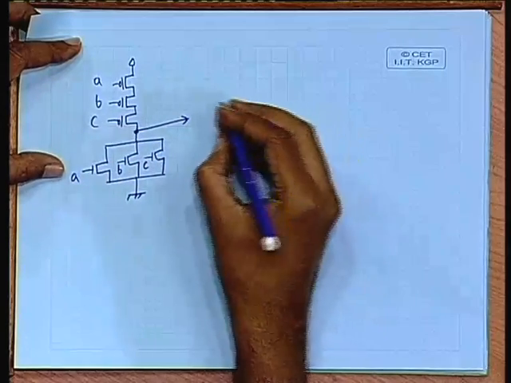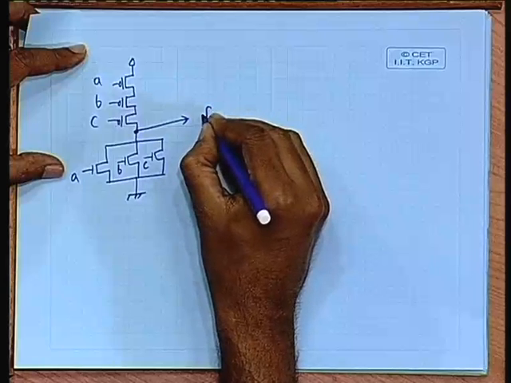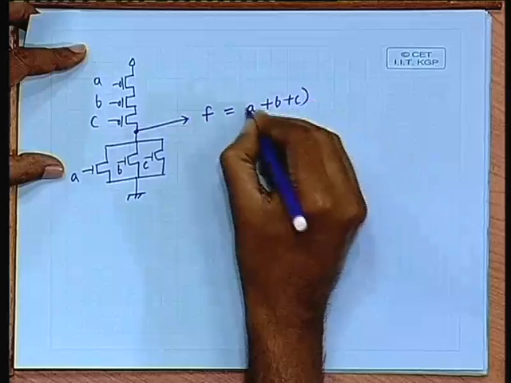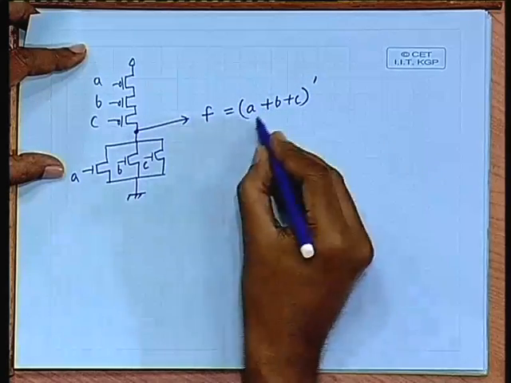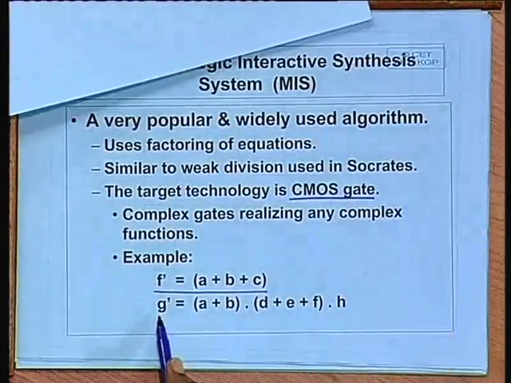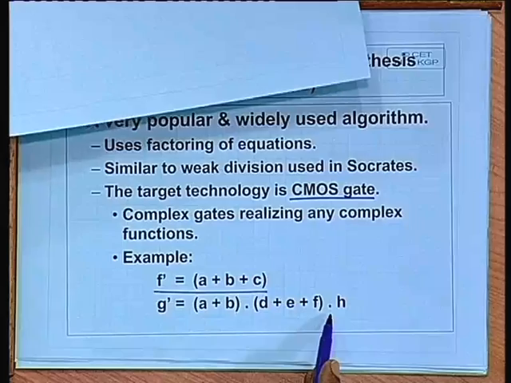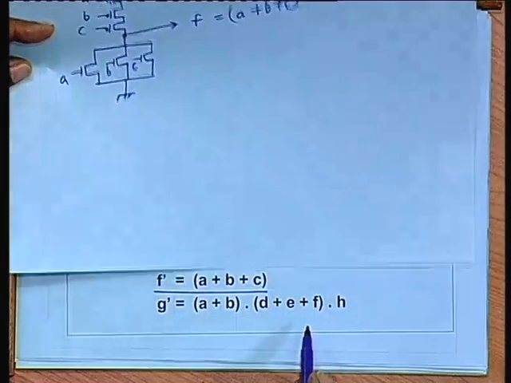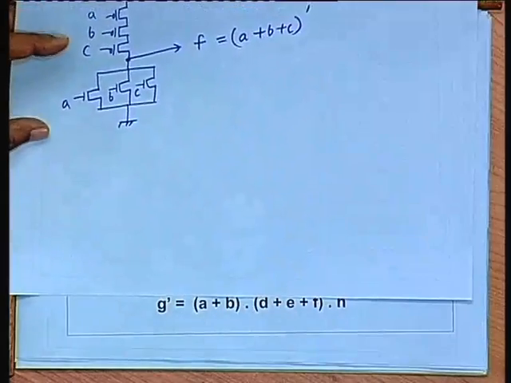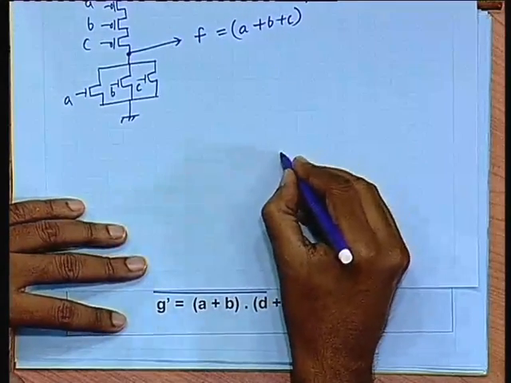And one characteristic of the CMOS gate implementation is that it always implements a negative logic. That means F equal to A or B or C, not, or F not equal to A or B or C, whatever you say. Similarly, if you have something like A or B and D or E or F and H, this also you can implement very easily. So, you will be having a pull up network and pull down network. I am first drawing the pull down network.